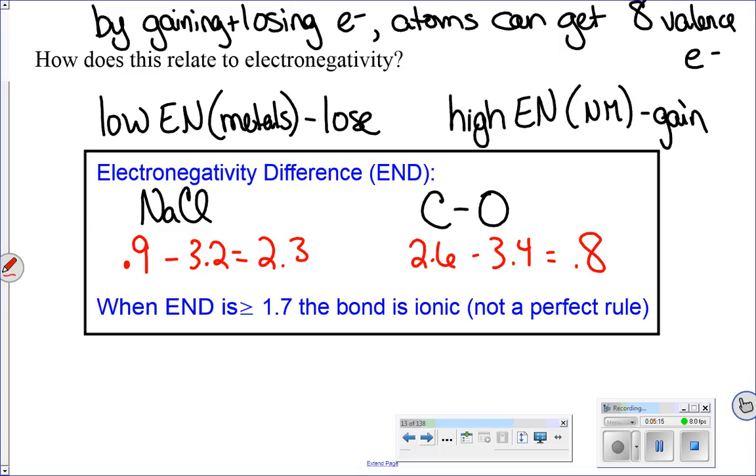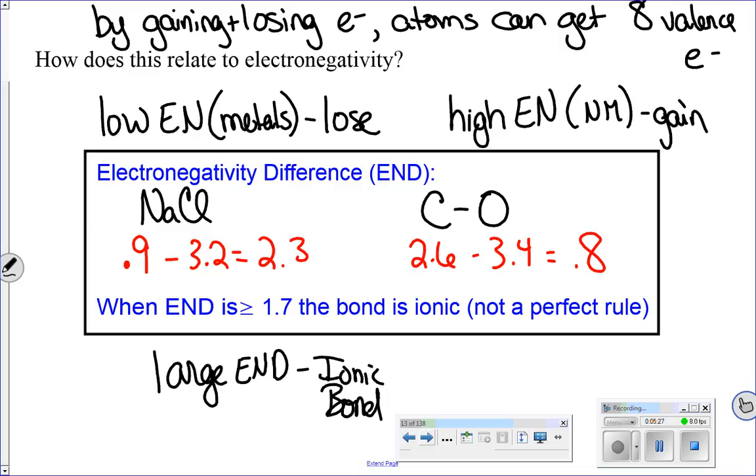So what this actually tells me is a large electronegativity difference is more likely to be an ionic bond. Electrons are going to be transferred. Somebody's going to lose them, somebody's going to gain them, because the difference between their strengths is a lot. So the wimpy metal is going to lose. The higher electronegativity nonmetal is going to gain.